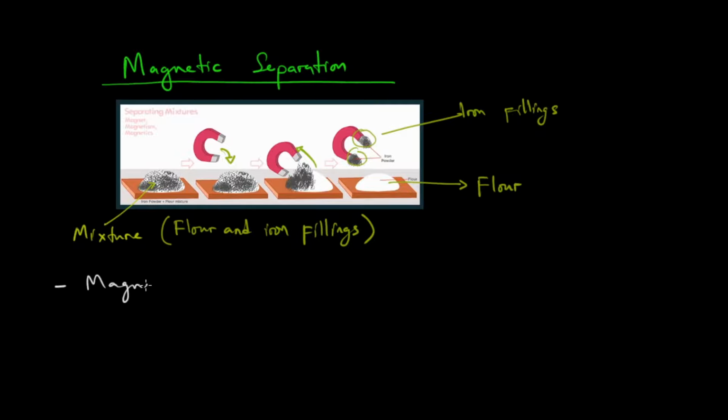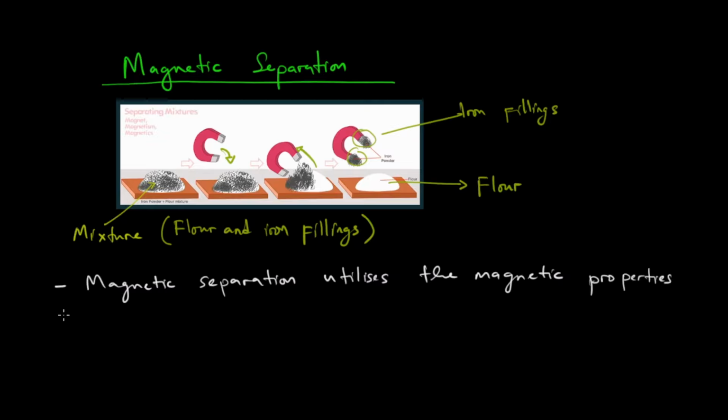Magnetic separation utilizes the magnetic properties of objects in order to separate them.